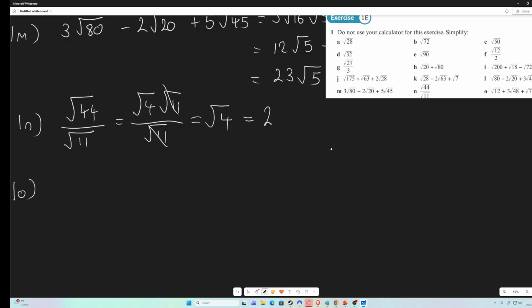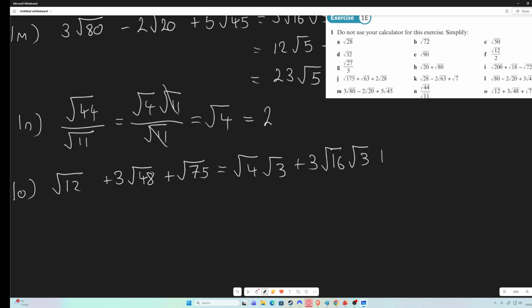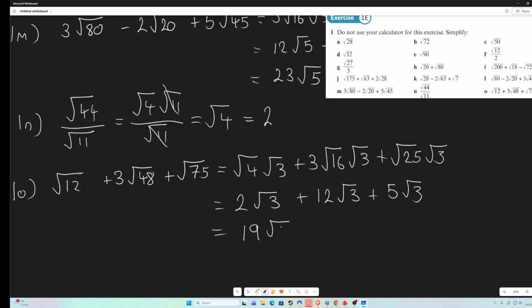And 1o, root 12 plus 3 root 48 plus root 75, so that is root 4 root 3 plus 3 root 16 root 3 plus root 25 root 3, so that's 2 root 3 plus 3 times 4, which is 12 root 3 plus 5 root 3, which is 19 root 3. So that's question 1.